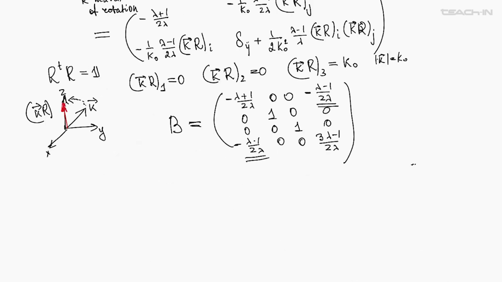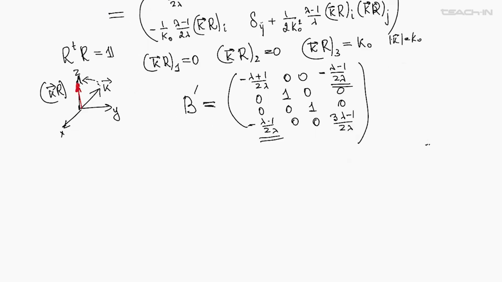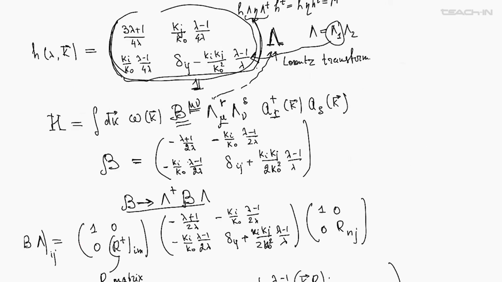You see, anyway, it has a lot of zeros. And if you plug this B prime into our Hamiltonian, so this is essentially B prime with indices R and S, then explicitly, because of this nice form of B prime, we will get the following answer for the Hamiltonian.